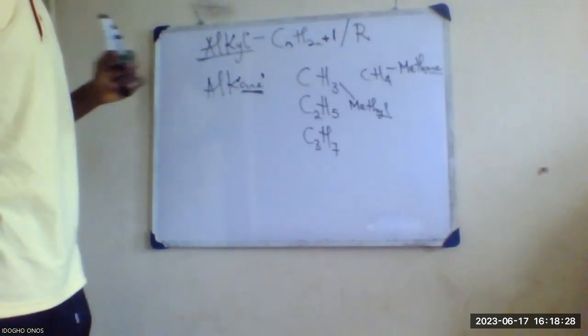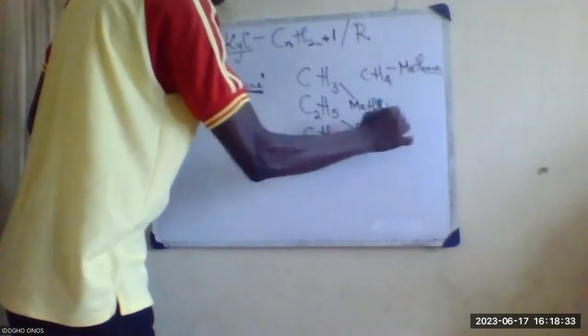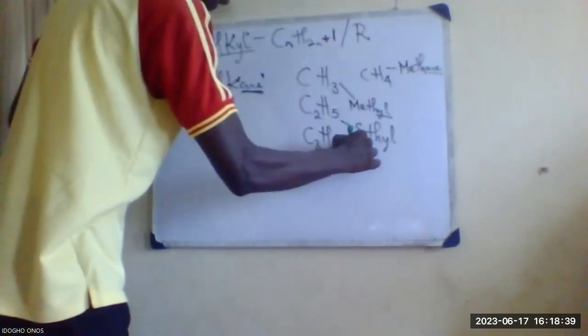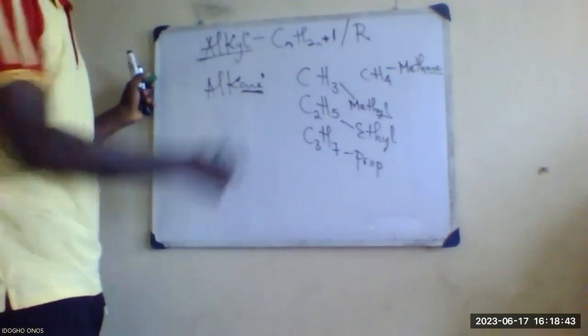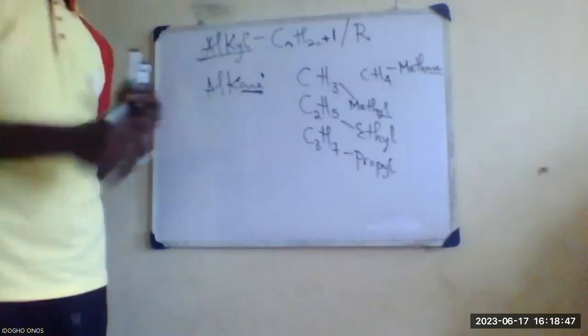Then C2H5 is known as ethyl, while C2H6 is ethane. This is 3 carbon atoms, prop. But it belongs to the alkyl group, so propyl.